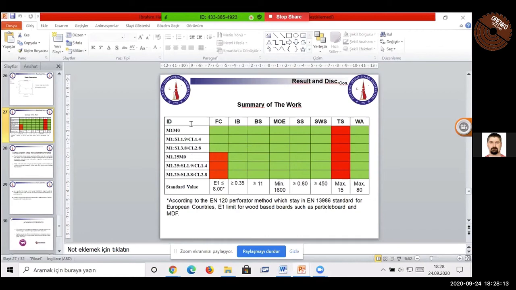And all the manufactured groups provided the standard requirements for IB, bending strength, modulus of elasticity, surface soundness, or the screw withdrawal strength, but except the thickness swelling. But they also provided the standard for water absorption.